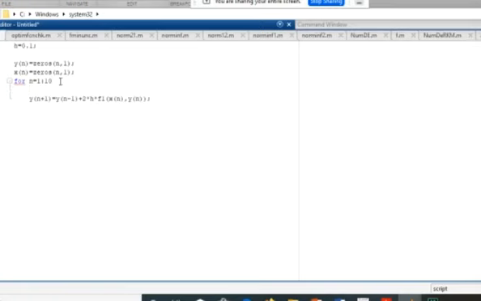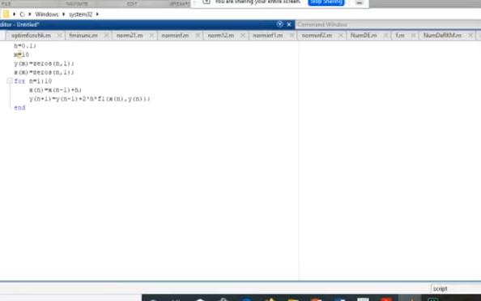Here we add these values: x(n) equals x(n-1) plus h. The values of x start from 0 and change by h, and we close this loop.